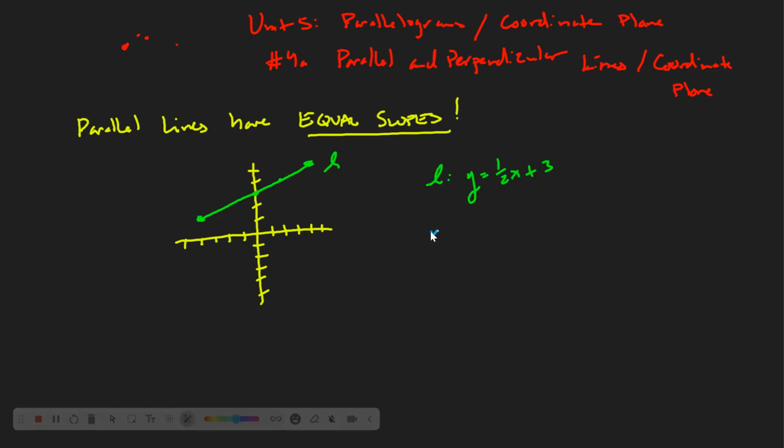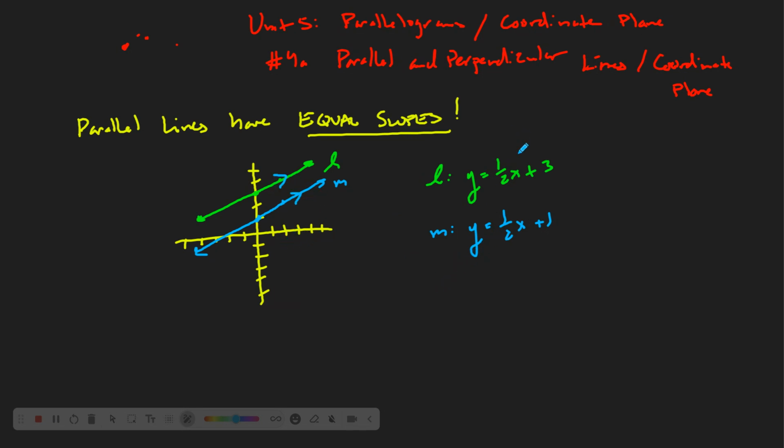Okay, and then let's do line M. Let's say line M has an equation of y equals 1/2 x plus 1. So now we're going to do the plus 1, so let's go up 1. And now to do the slope, let's go up 1 and right 2. For line M, notice that our lines do look parallel to each other, like they're not going to intersect.